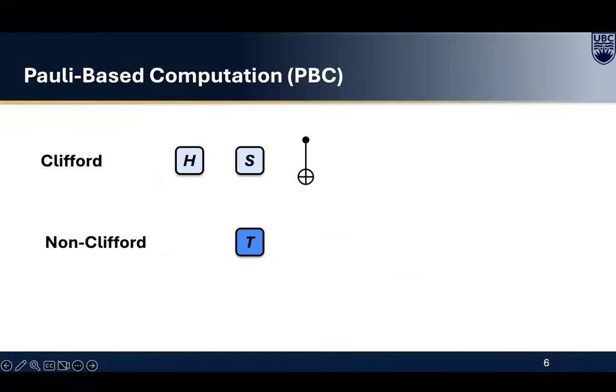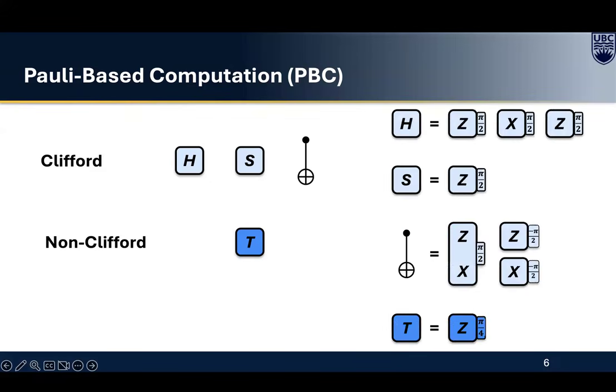Well, for those Clifford costs, there are actually ways to tackle them completely. The method is called Pauli-based computation. The idea is that we first convert all those Clifford plus T gates into the form of so-called Pauli product rotations. So for each of those rotations, we have a rotation basis.